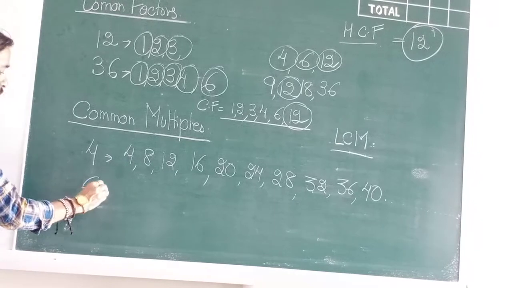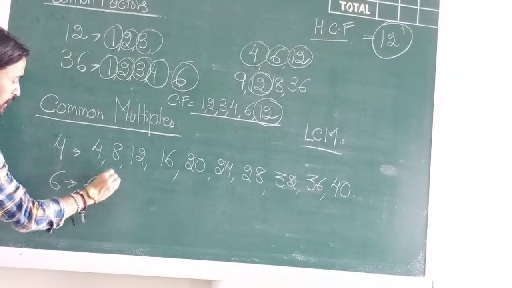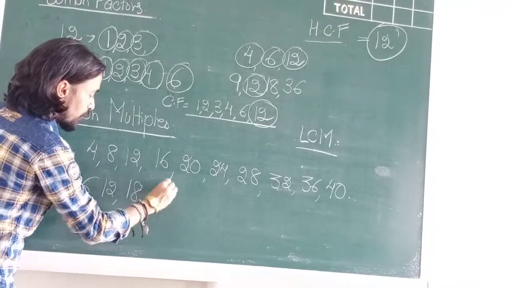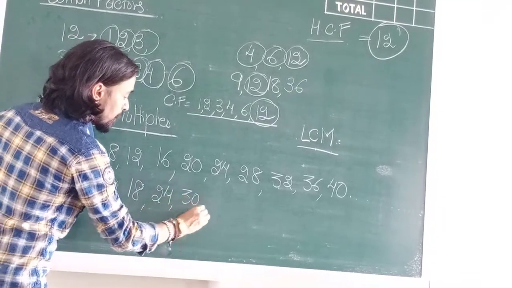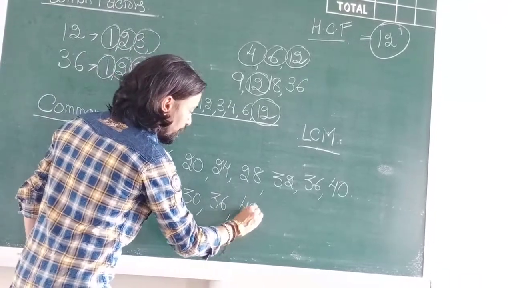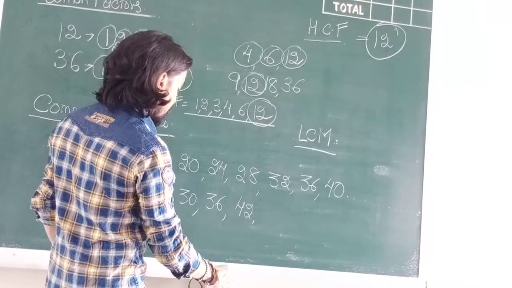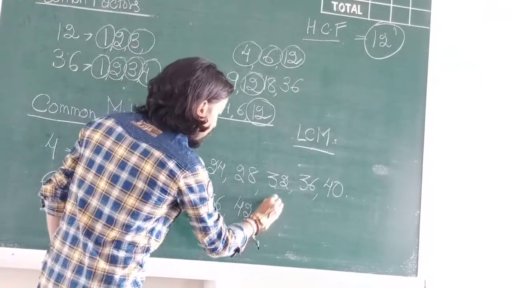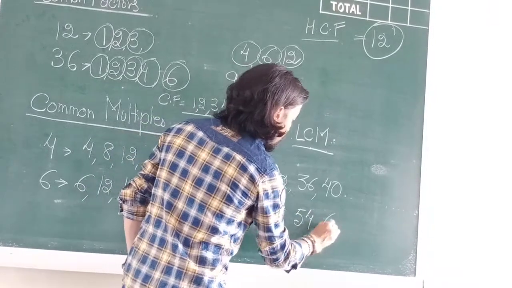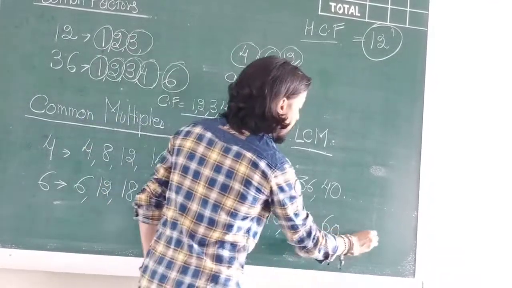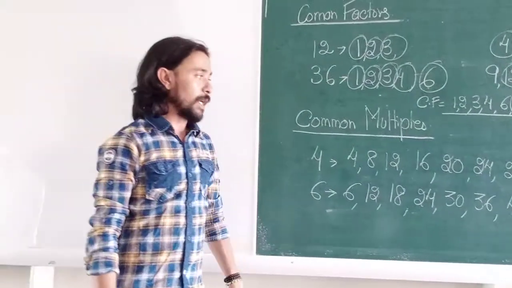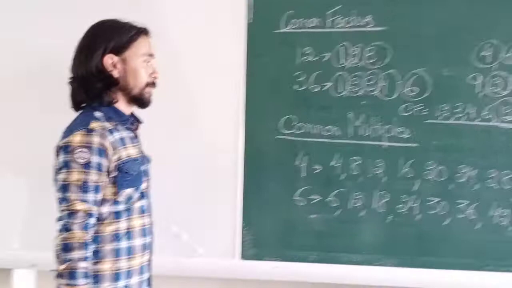Let's come to 6 times table. 6 1s are 6, 6 2s are 12, 6 3s are 18, 6 4s are 24, 6 5s are 30, 6 6s are 36, 6 7s are 42, 6 8s are 48, 6 9s are 54, 6 10s are 60, and it goes on, never stops. You can never have a limited number of multiples.